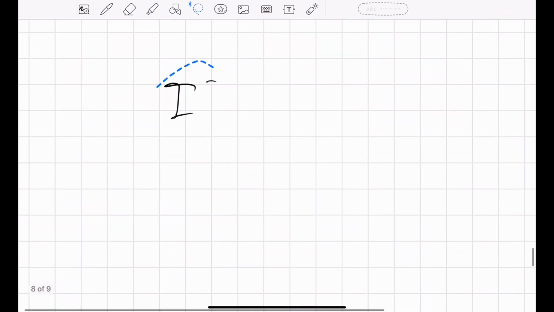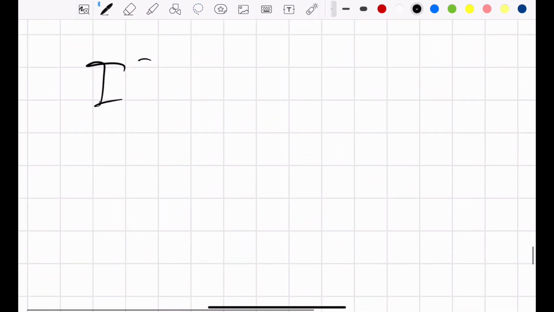Okay, and let's look at our last example. We have this anion iodide, and we want to determine the electronic configuration of this ion's valence electrons. So one thing you have to know is that valence electrons are in the highest principal quantum number, highest n number.